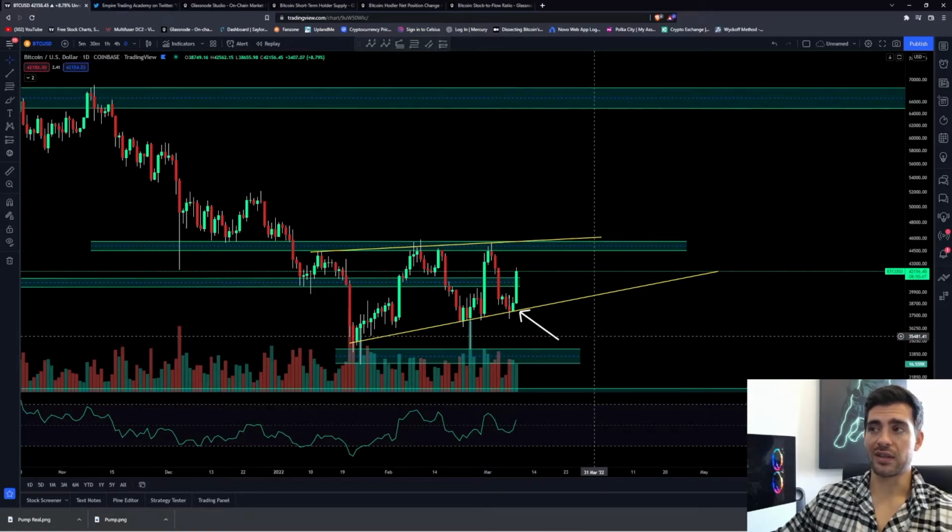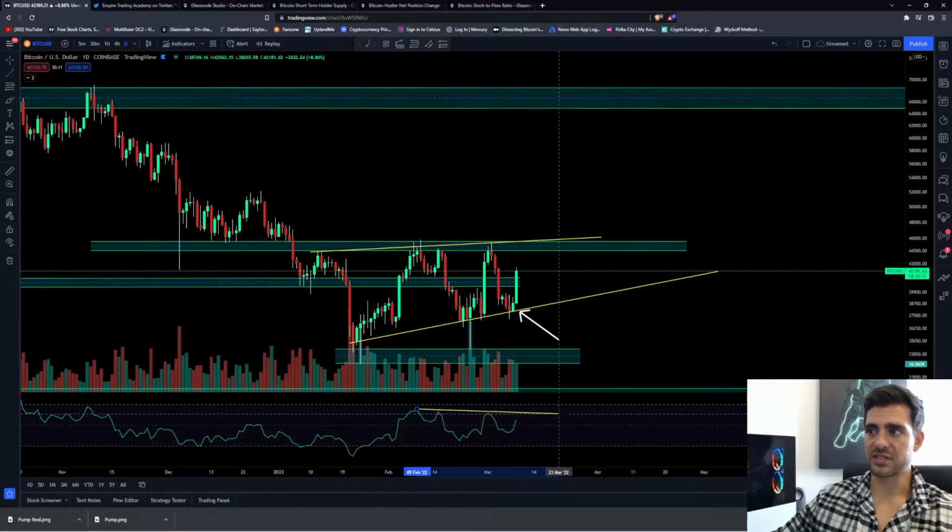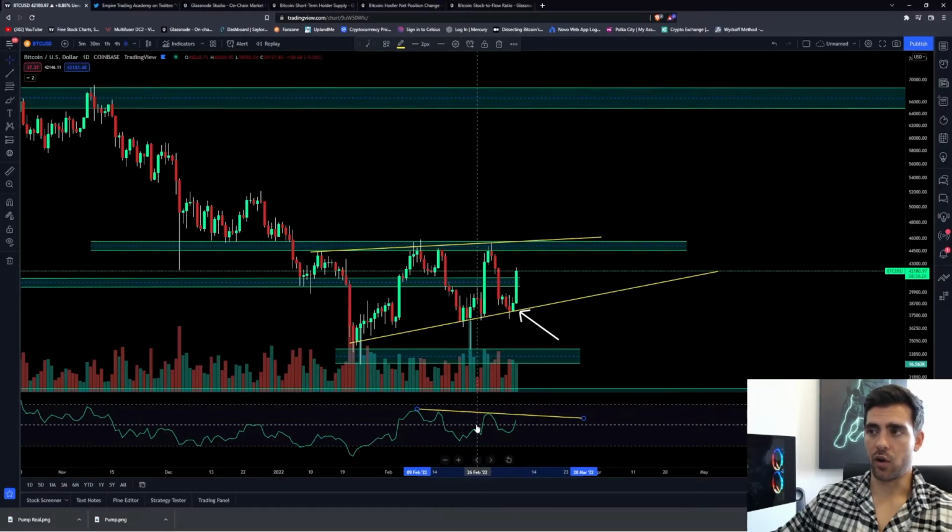However, if we look at the tops, we have a high here, basically the same high, and the same price high. So these are all flat. However, if we look at the RSI, we have this slight divergence, where we have these lower highs on the RSI.